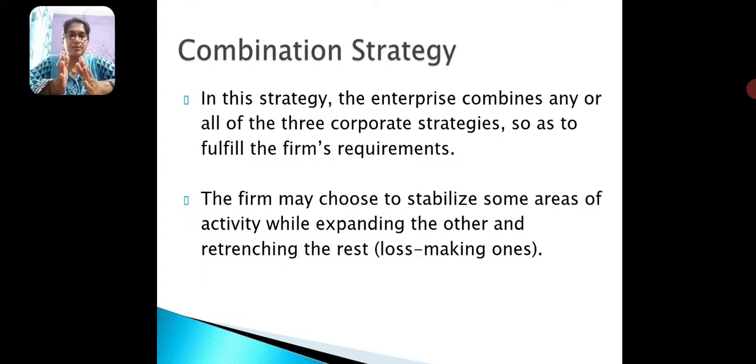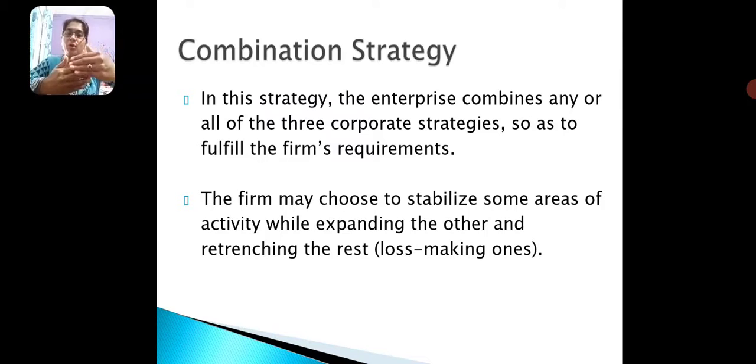The area which doesn't need any change, which is fine as it is right now, they would go for stability. So they will follow a stability strategy for that business unit under that corporate. Then the sector where there is scope for expansion, where they can grow, get into mergers, or get into new products, services or markets, under that business they would go for expansion.